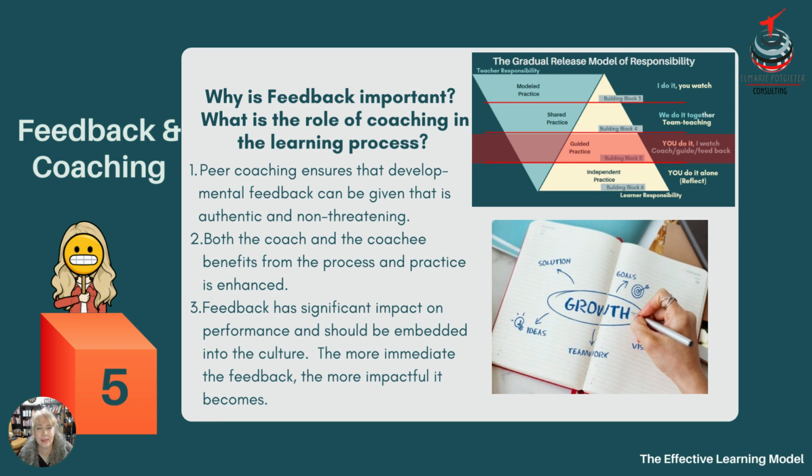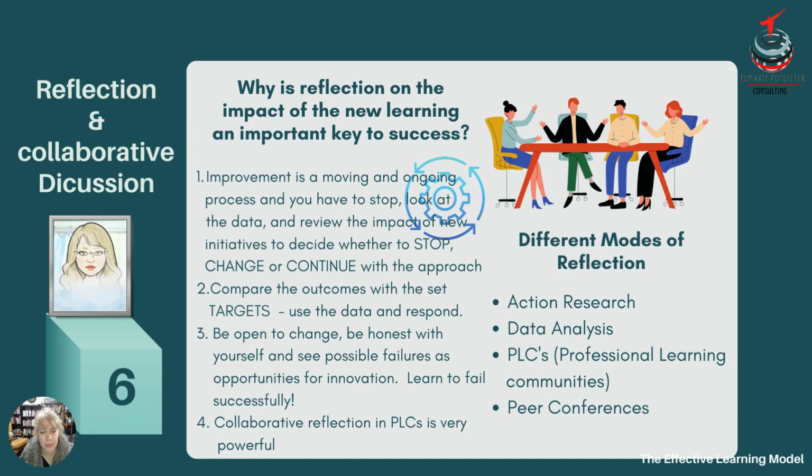Then they need to practice it, and they need to have targets to which they are working. Then, after they've been practicing it for a while, they might be doing it wrong. So you need that peer coaching, the feedback that needs to happen on the changed practices that are being implemented. And lastly, there is the need for reflection, taking a step back to see whether this really has been successful in the organization.